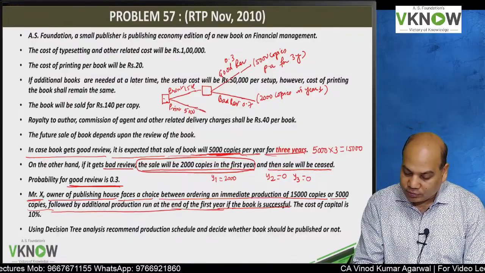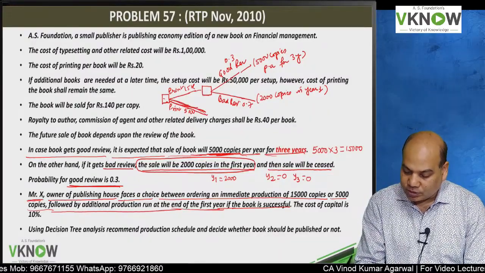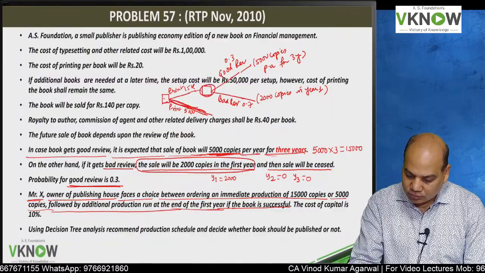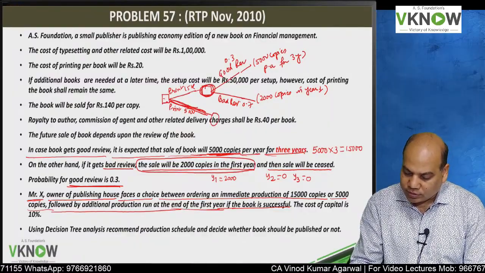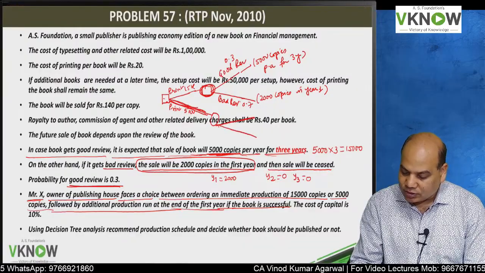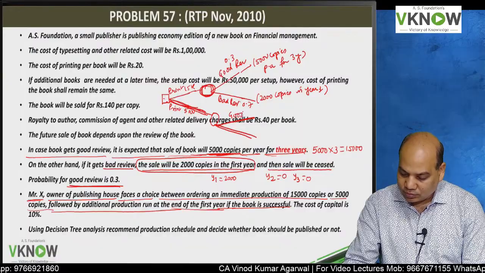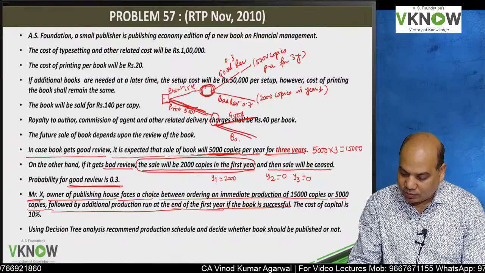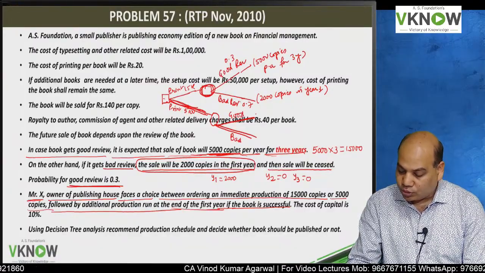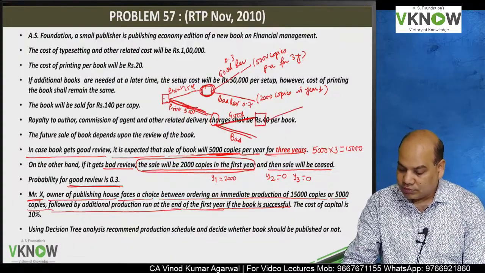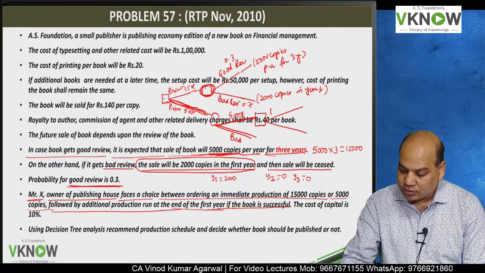If you print 5,000 copies, then there are two outcomes. First is good review, second is bad review. If you get good review, you have to make a choice. What is the choice?